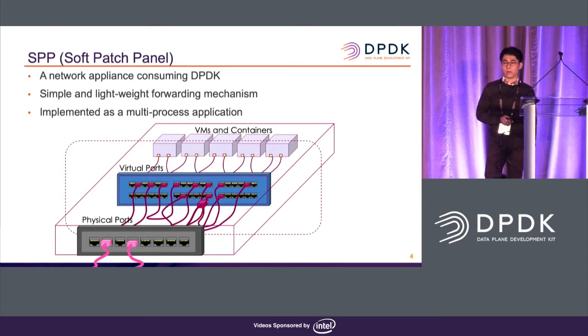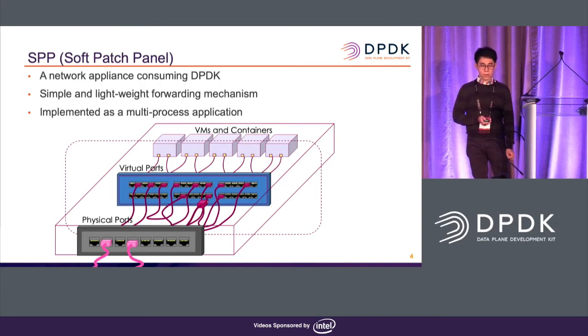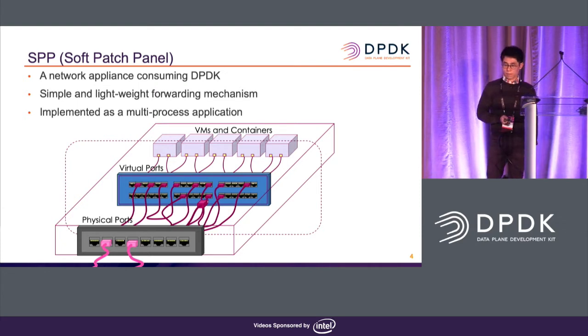But if we shift to virtualization technology, such upgrade is easier because the service system is fully virtualized and easy to configure. So SPP is to meet these kinds of requirements by implementing with DPDK as a DPDK multi-process application.